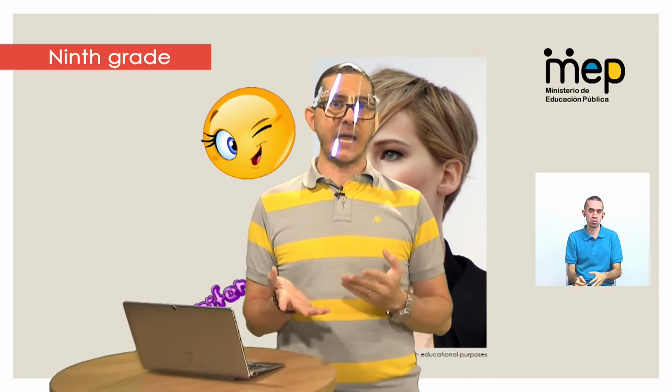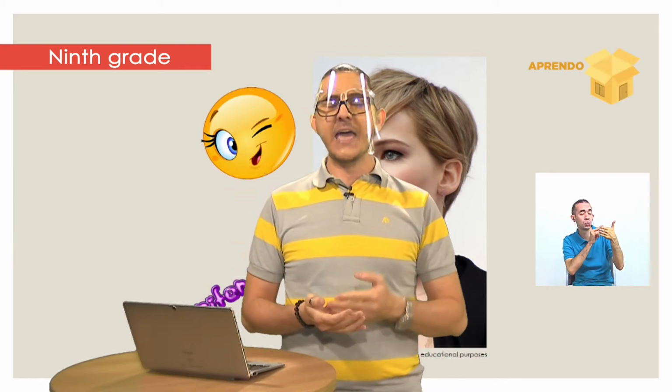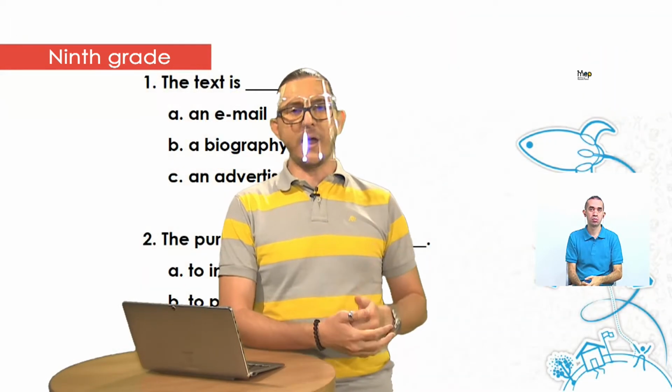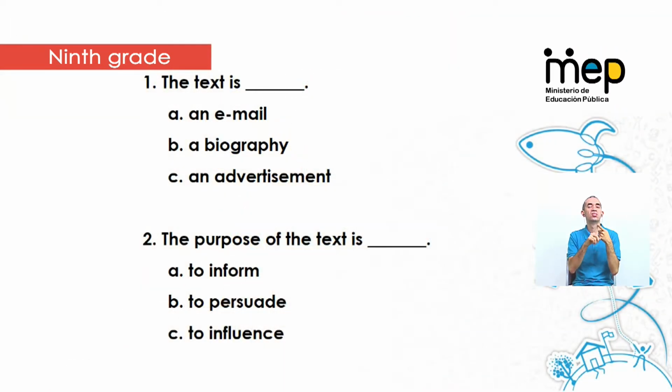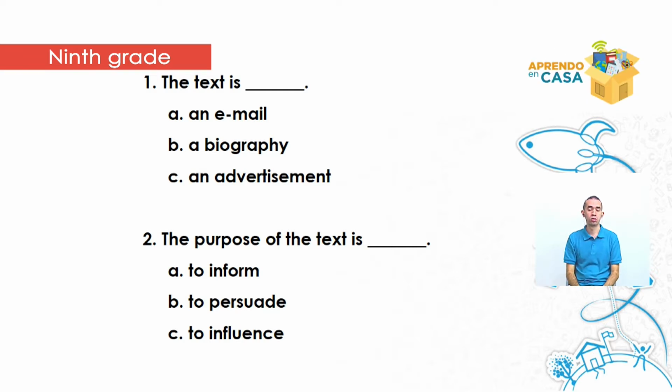So we won't have time to read the whole text. These are the questions that I want you to answer while you do the skimming of the text. Okay? So let's look at those 2 questions that I have. Number 1, the text is an email, a biography, or an advertisement. What type of text is that? And number 2, what is the purpose of the text?